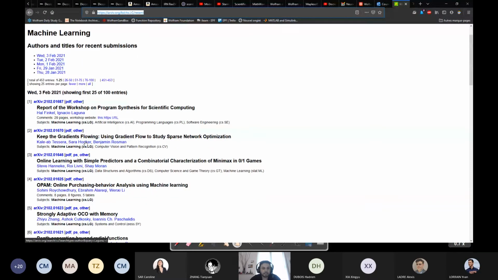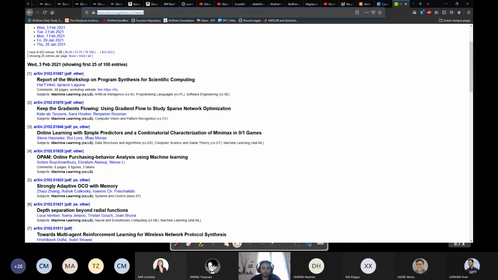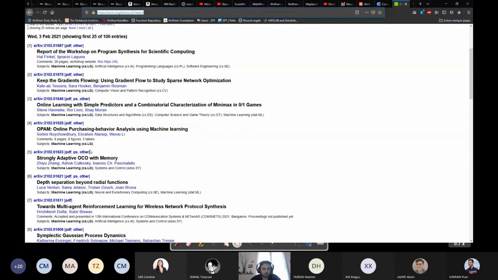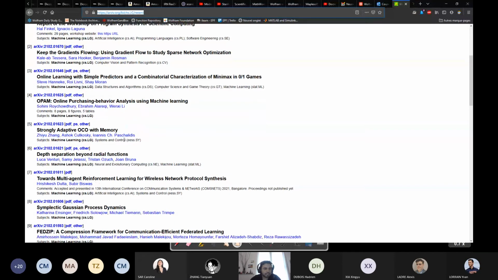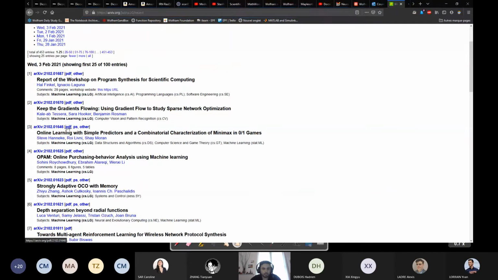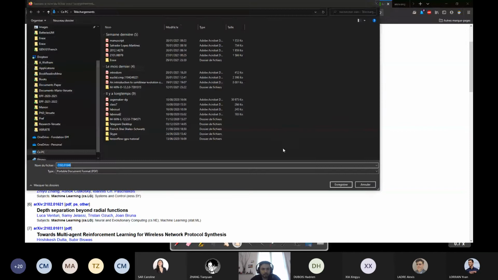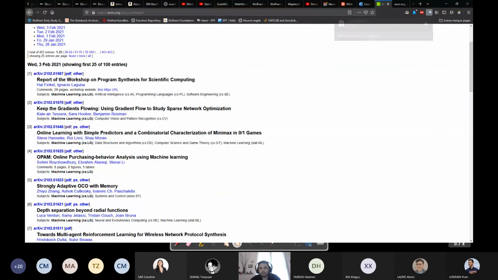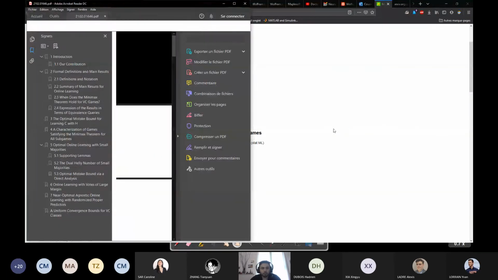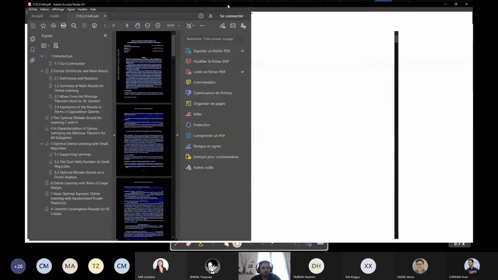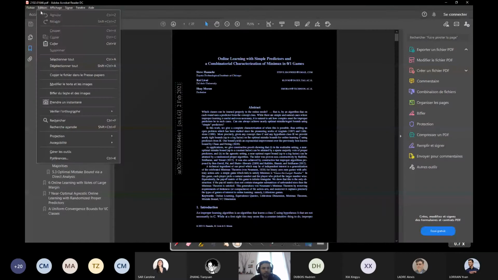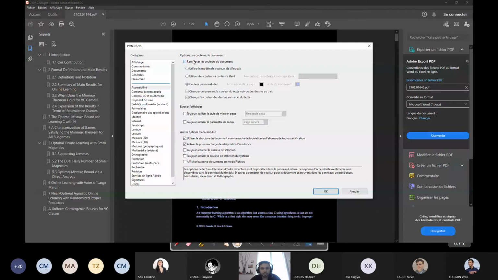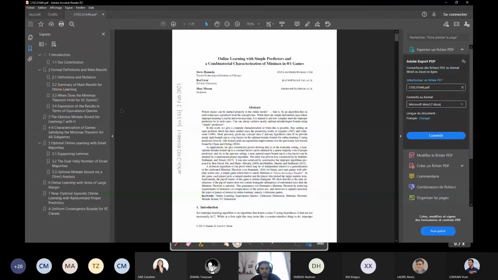And here you can find some research papers on machine learning. Take any one, for example this one, and you open the paper.